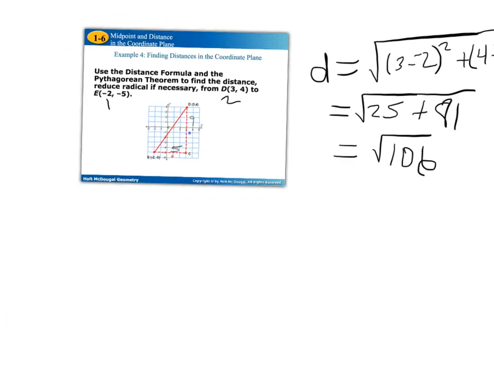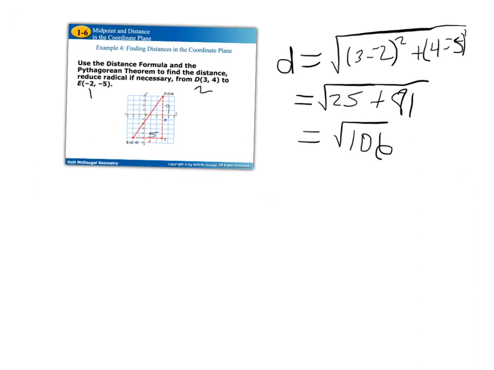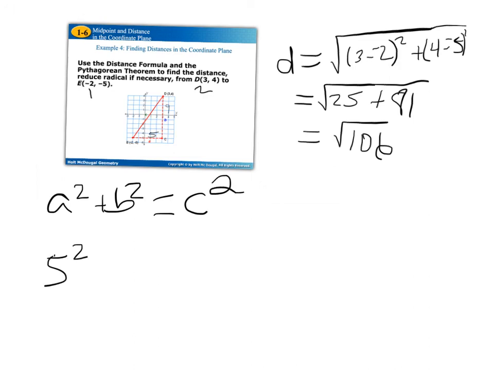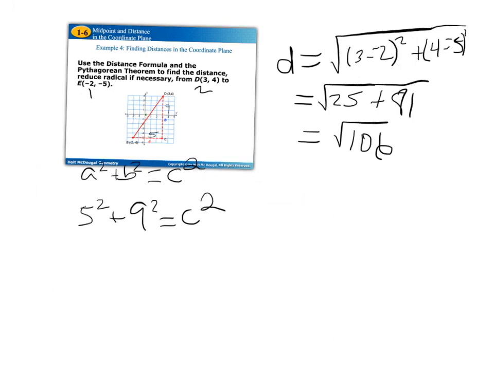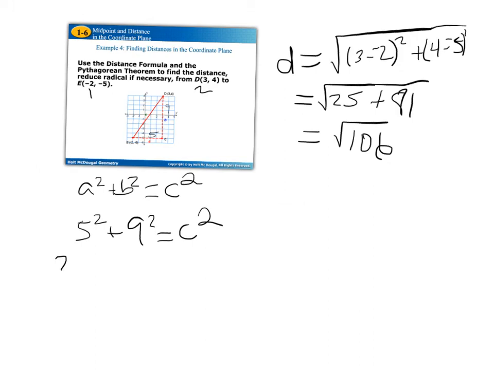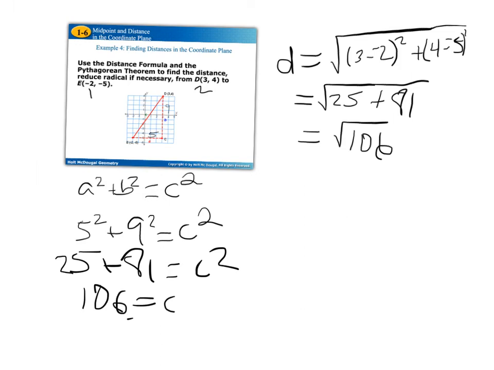So now what I'm going to do is put this in my Pythagorean theorem. A squared plus B squared equals C squared. A was 5, so I just plug in everything that I just found out. 25 plus 81 equals C squared. 106 equals C squared.